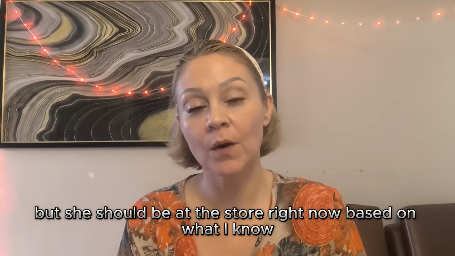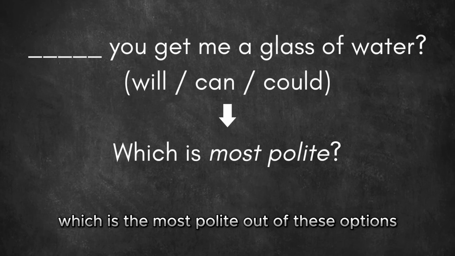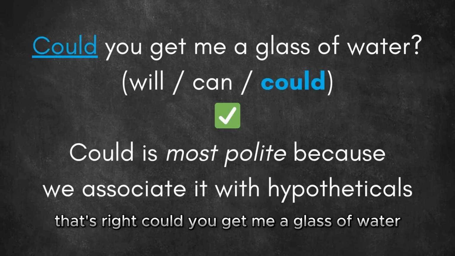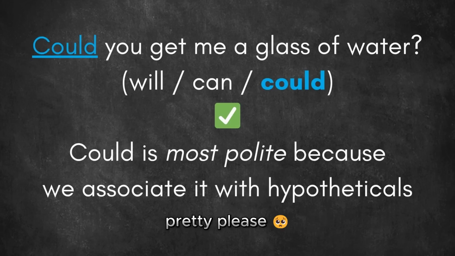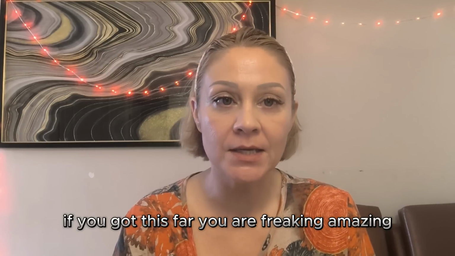Based on what I know, I'm guessing. Number 10, you get me a glass of water? Which is the most polite out of these options? That's right. Could you get me a glass of water? Pretty please.